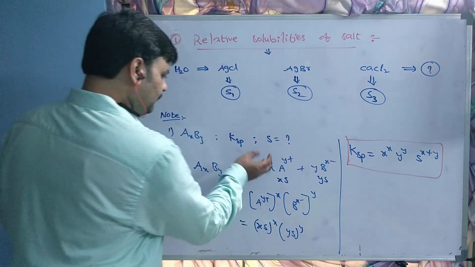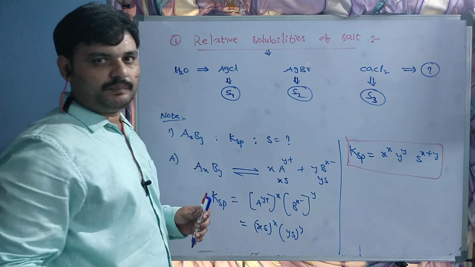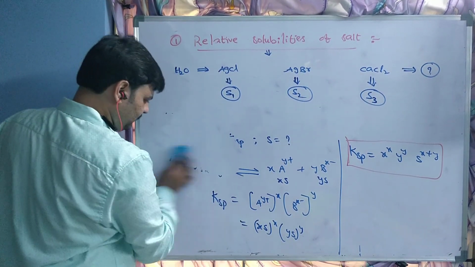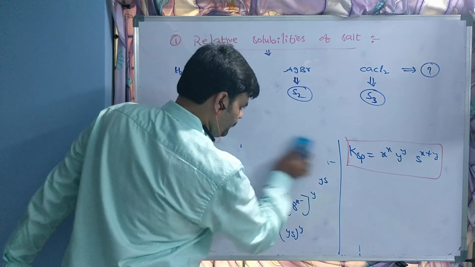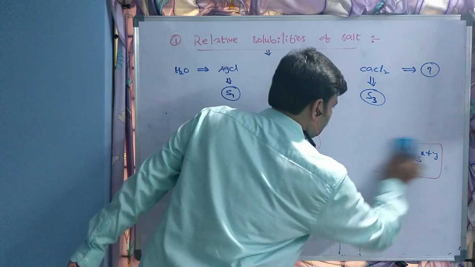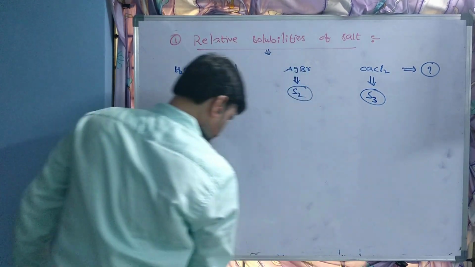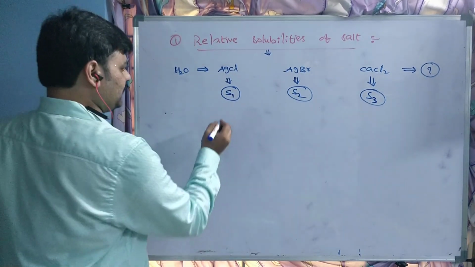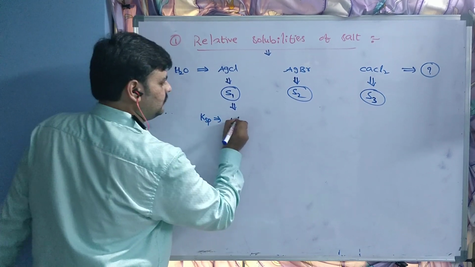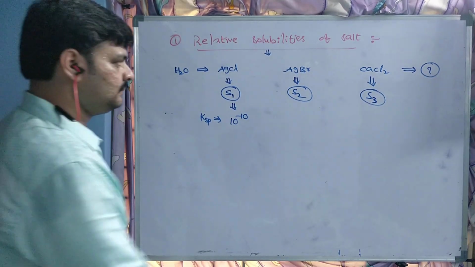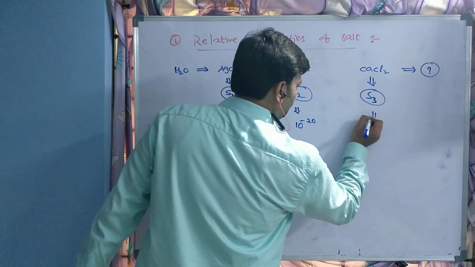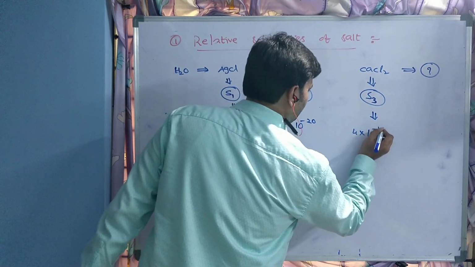Okay, so let's see how, by using this method, we can compare the solubility of these three compounds. If you see this, it is very simple to understand this note point also. Suppose experimentally it was observed that the KSP value of AgCl is 10 power minus 10, AgBr is 10 power minus 20, and CaCl2 is 4 into 10 power minus 15.